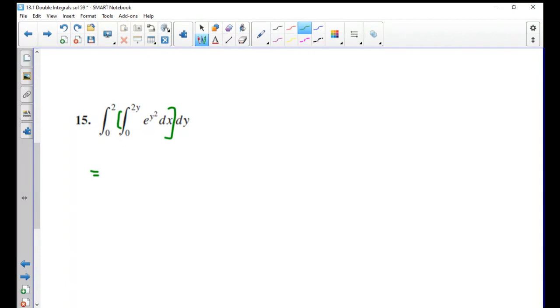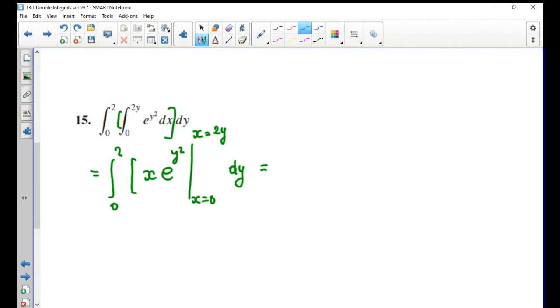So with respect to x, keep 0 to 2. What is the integral of e to the power of y squared with respect to dx? Just multiply by x, because it's a constant, so it will be x e^(y squared), from x equal to 0 to x equal to y, dy.